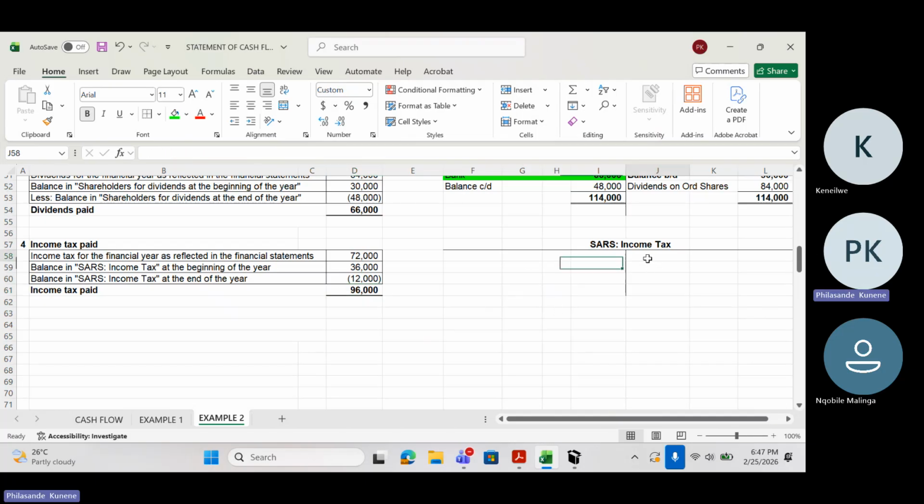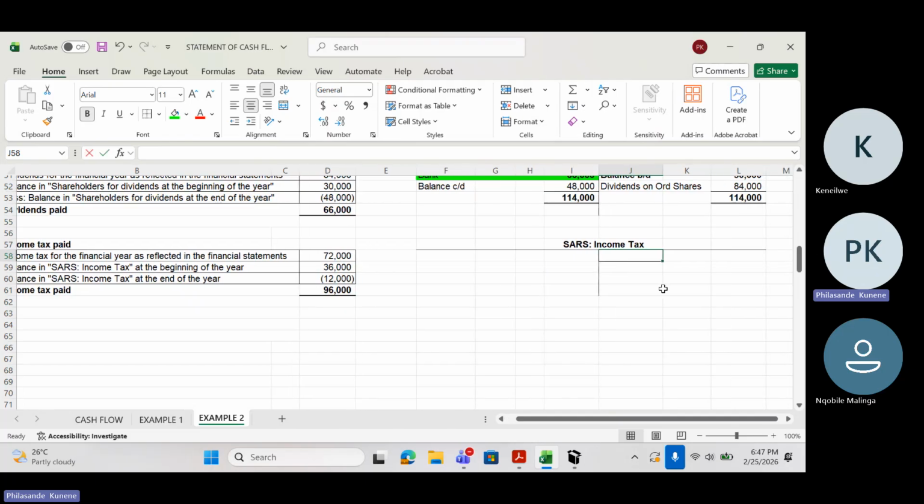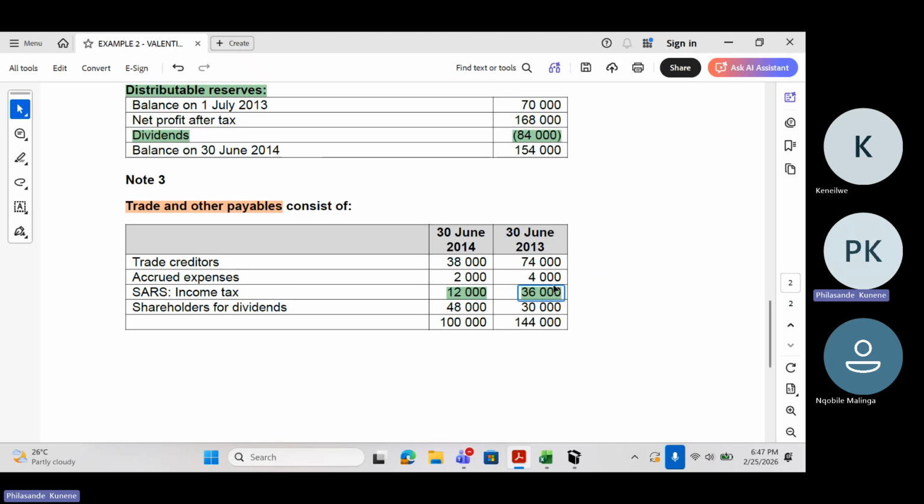Okay, on a T account basis, SARS income tax is a liability in this situation. So what am I going to do now? I need to say balance brought down, and then I need to have balance carried down this side. Let's check the balance brought down first. Obviously, that is going to be the opening balance. 36,000 rands is the balance brought down.